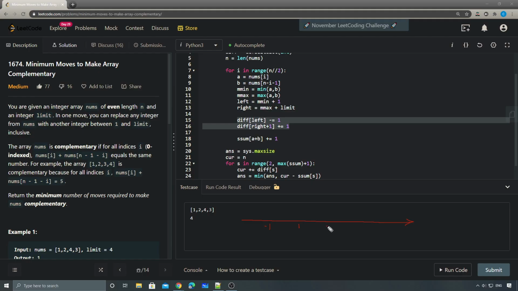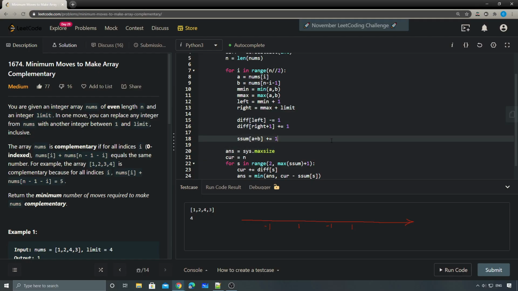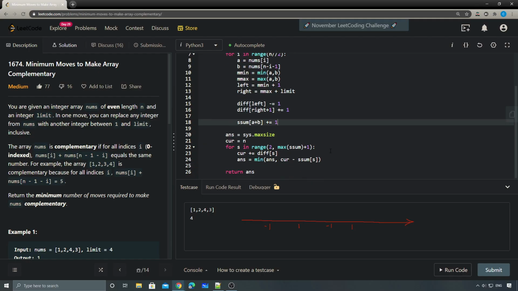If you haven't seen this kind of technique, I think it will be really hard to solve this problem by yourself, unless you know there's a technique you can use to mark the range. So that's the first thing.